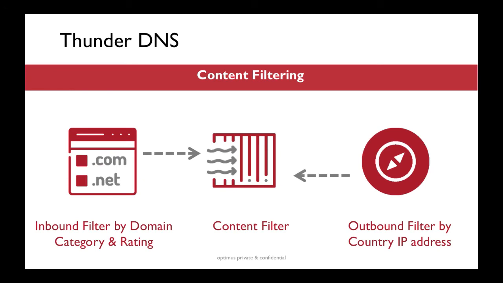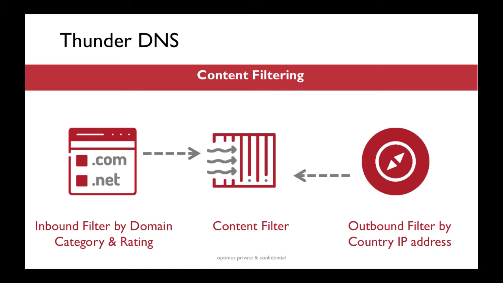Thunder DNS's content filter was designed to protect the next billion from having to view unwanted content. We do this by dropping DNS queries from domains that do not meet our specific criteria. We categorize many popular domains by category and intended audience. We store that information locally in a database on each server.